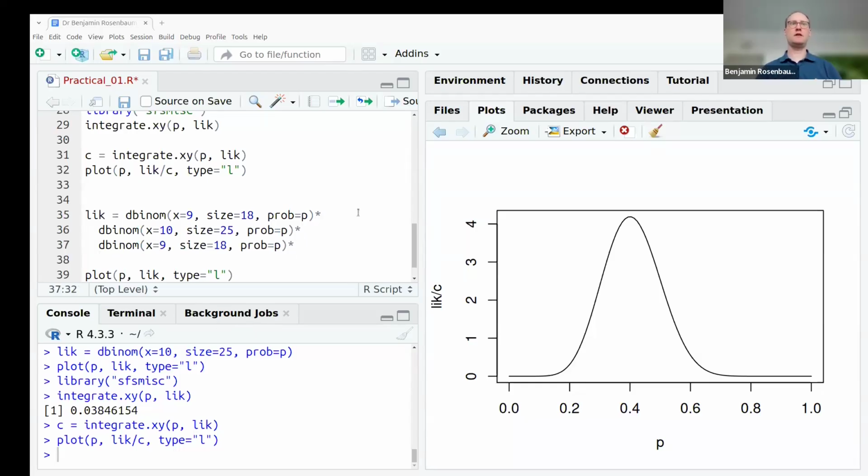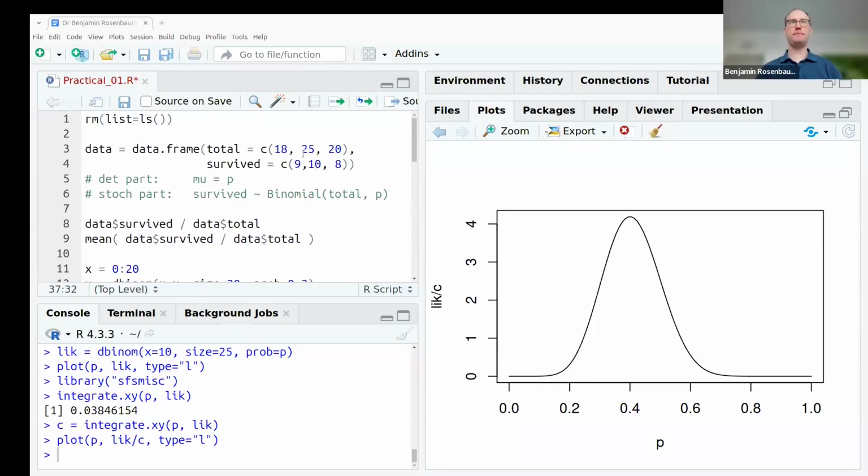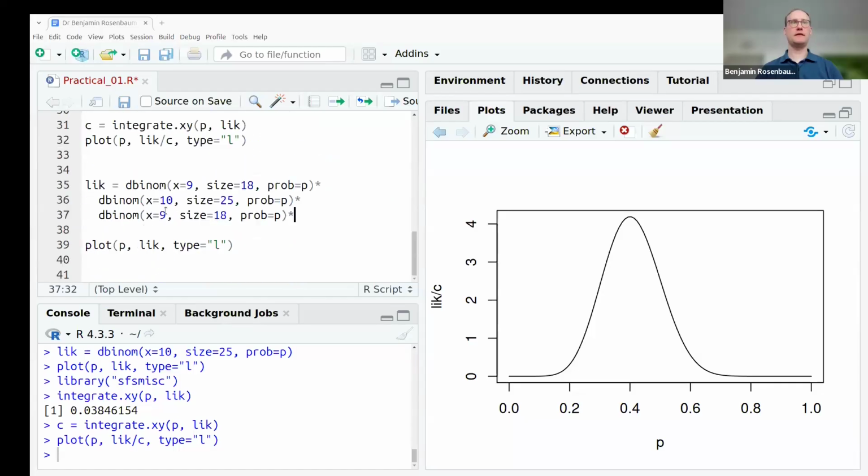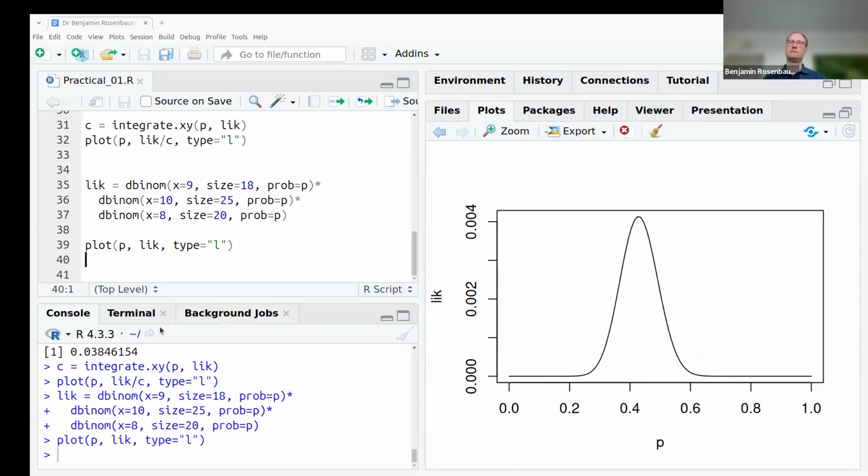And then the next one was 8 out of 20. Okay, so this is the likelihood function for the whole data set.